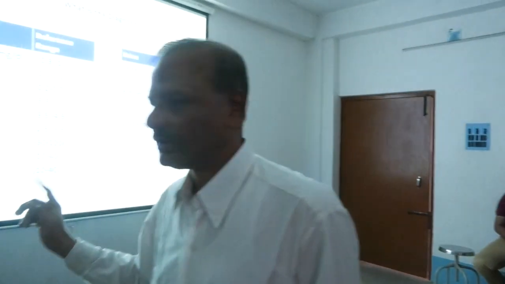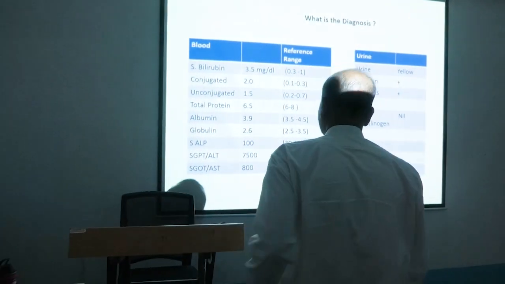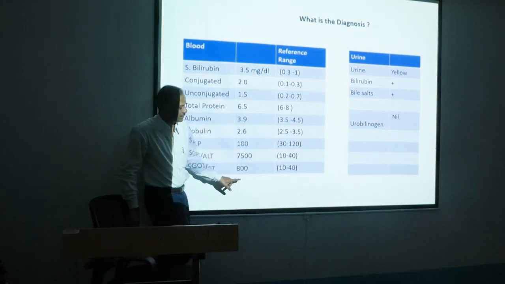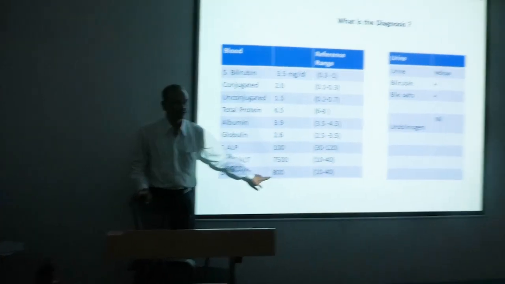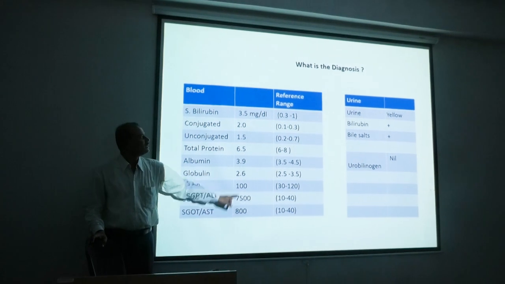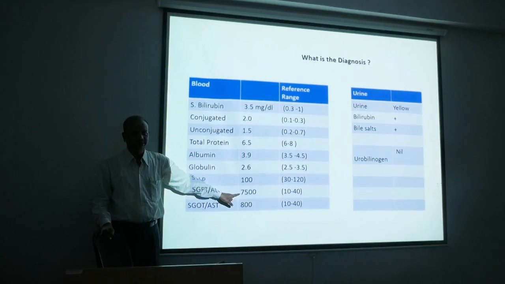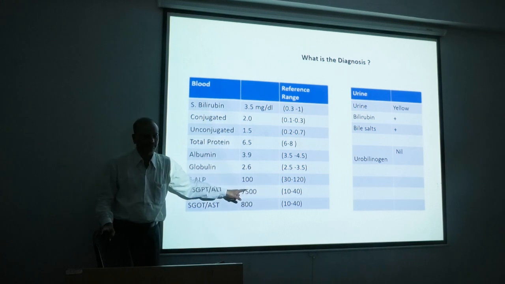This is a clear example of hepatocellular jaundice. The marker enzymes are AST and ALT, which are very high, and ALP is also high, but not to that extent. It is in the early phase of the disease, that is why this level is so high.